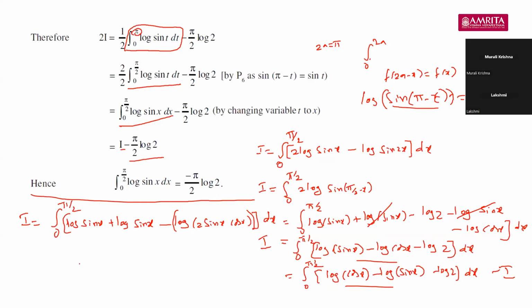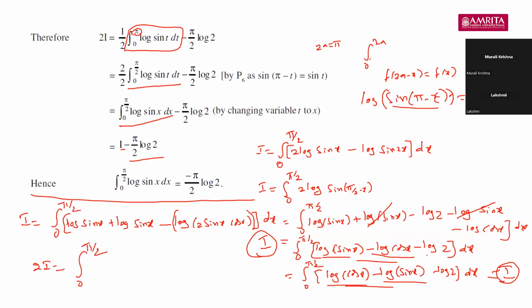Now, once you try to add this, 2I, this I plus this I. Why I am adding these two is, here minus log cos x is there, here plus log cos x is there, here log sin x is there, here minus log sin x is there. All these 4 terms will get cancelled. So on the right side, you will have integral 0 to pi by 2 of the first integrand plus second integrand.